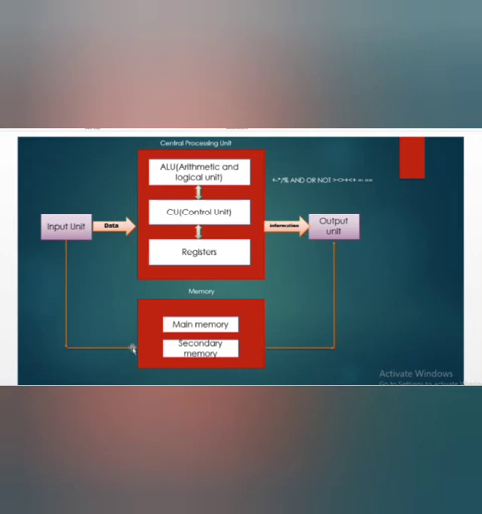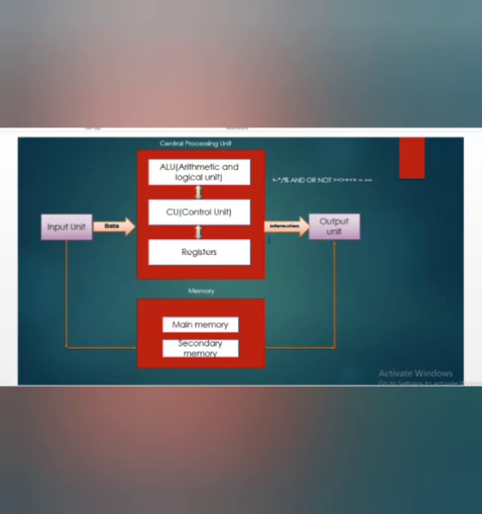After processing of all the data, we need to store the data in memory. After that, we have to display the data and information by using the output unit. The output unit is nothing but a combination of output devices. It may include printers, monitors, speakers, etc. Here, after the processing, the data is converted into information.